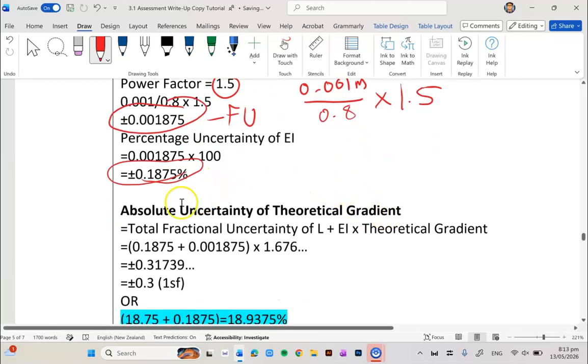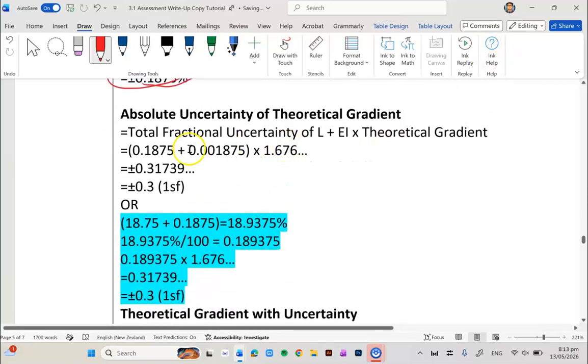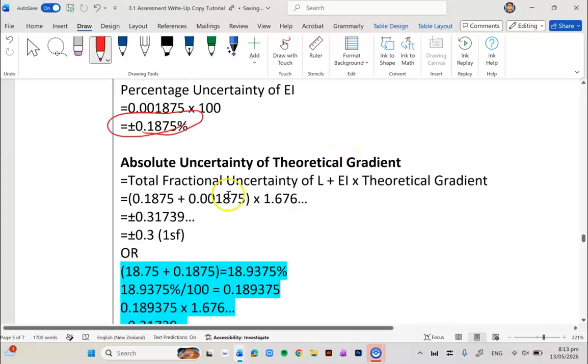So, to find the absolute uncertainty of the theoretical gradient, which is the last step we need to do before we can compare the two gradients, there are 2 ways you can do this. You can add the total fractional uncertainties and then multiply it by the theoretical gradient.